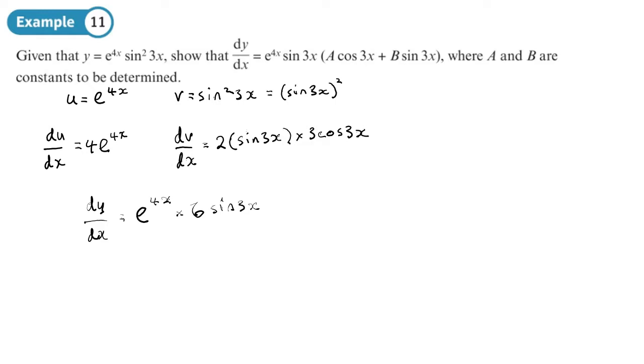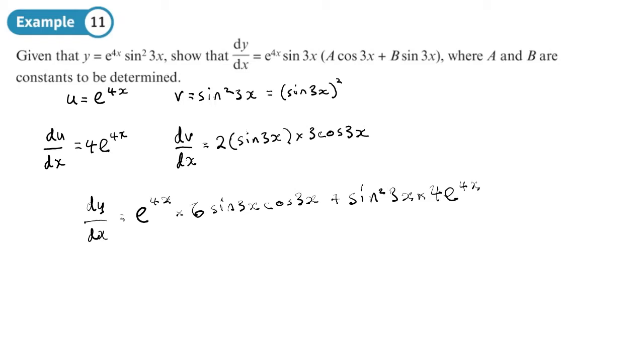We could use a double angle there if we wanted to change that to a double angle, plus v, which is this, du dx, so 4e to the 4x.